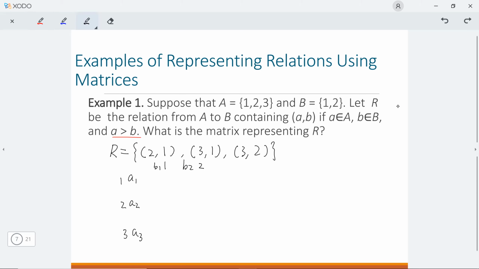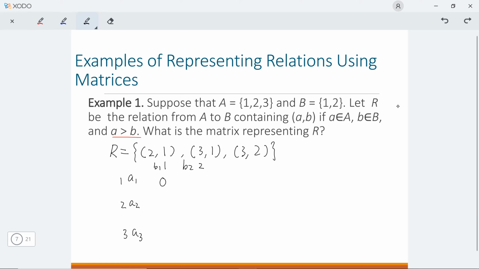If a pair of elements is in our relation, we write 1. Otherwise, we write 0. Here you can see 1, 1. Is 1, 1 in this relation? No, it is not, so we write 0 here. How about 1, 2, like A1, B2?